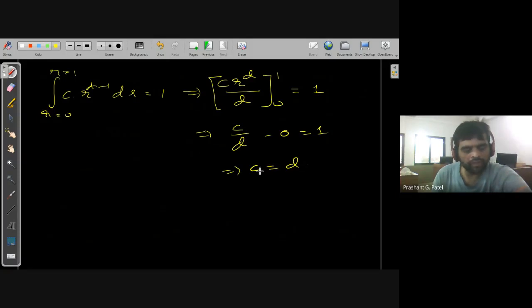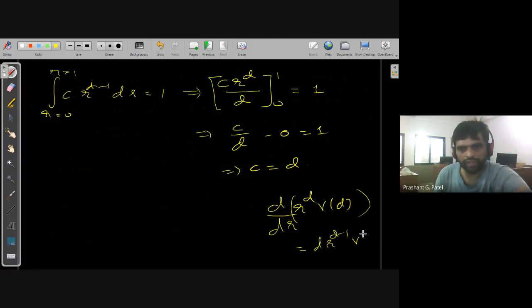And another way is to see formally that the volume of the radius r ball in the d-dimensional space is r to the d into vd. The density at the radius r is exactly the d by dr of this. So I say that it is d into r raised to d minus 1 into vd. So what is this?